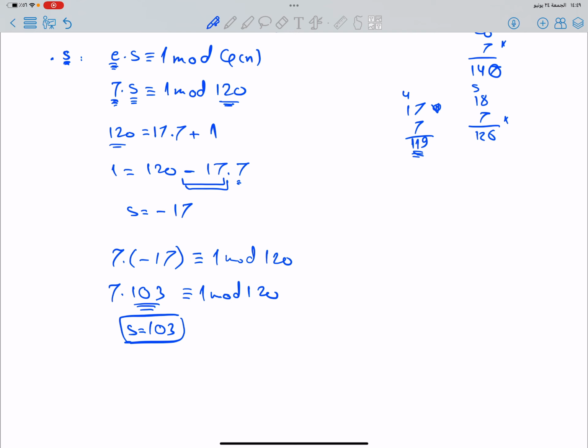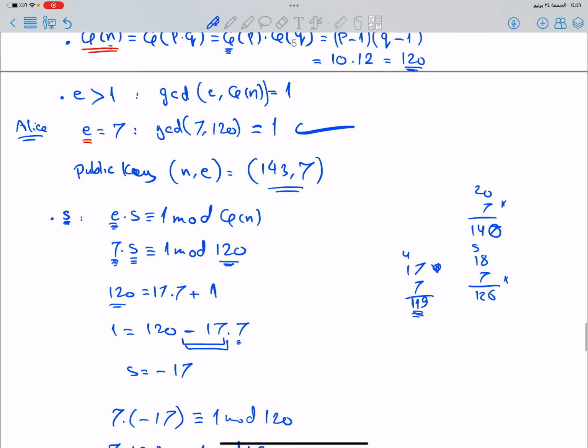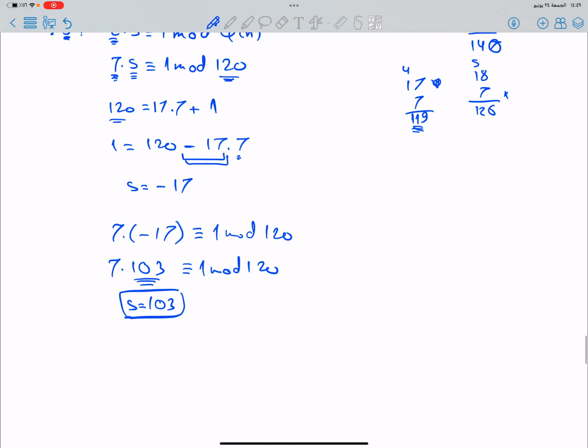It's very secret. Alice is not allowed to publish this to the world. Now we have the public key.